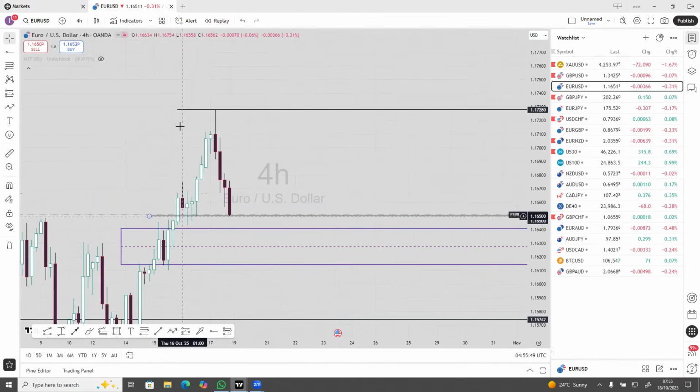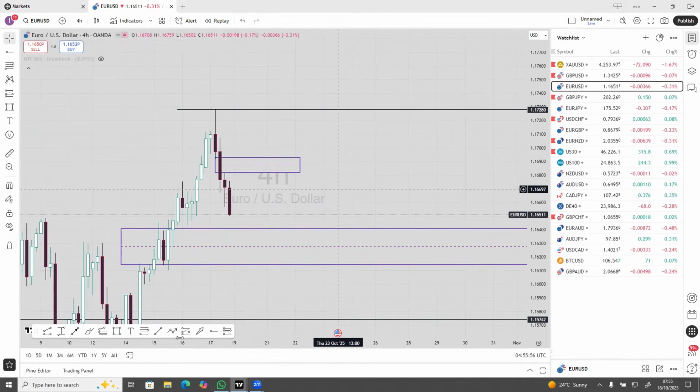On 4-hour time frame, we have that imbalance over here. So we are going to find confirmation on that point of interest to show that price goes to that daily FVG, and then we'll find the buy.